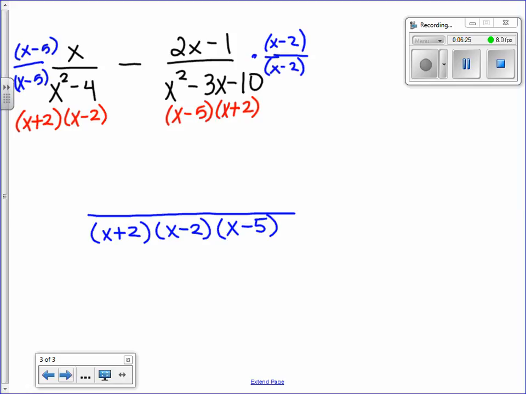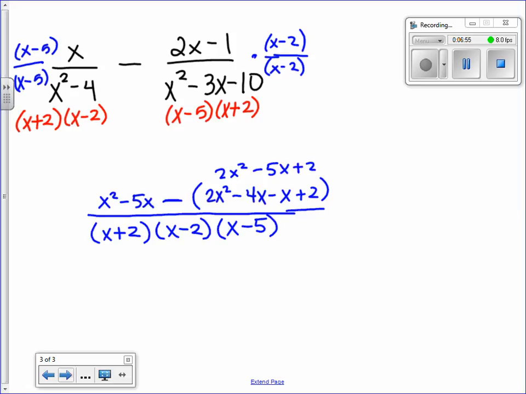That's going to be x squared minus 5x minus 2x squared minus 4x minus x plus 2. Put my like terms together.